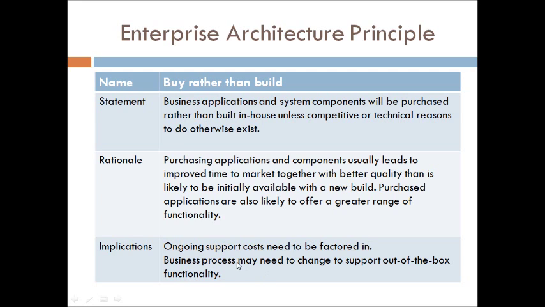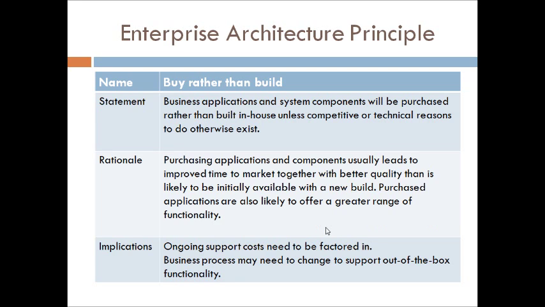That means you have a business process, say for example, which has steps 1, 2, 3. You may have to deviate a little bit from these steps to accommodate the product that you are buying. For example, if you want to send a push notification as soon as the customer buys an item at your online shop, the product which you are buying may not support this, so you may have to adjust for email.